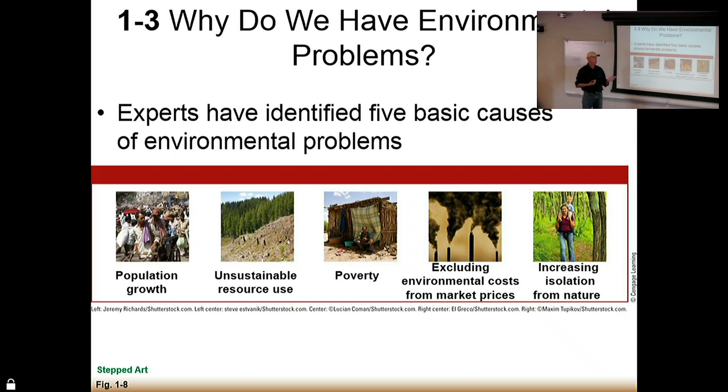Excluding environmental costs from the market prices, that's the GPI, Genuine Progress Indicator, we already talked about that, and increasing isolation from nature. I really love this one. You guys don't get this as much because you're exposed. You have a dog, and you have a garden, and you can go hiking, and you probably go camping. But people that grow up in the big cities, there's this new word come about called nature deficit disorder, right?